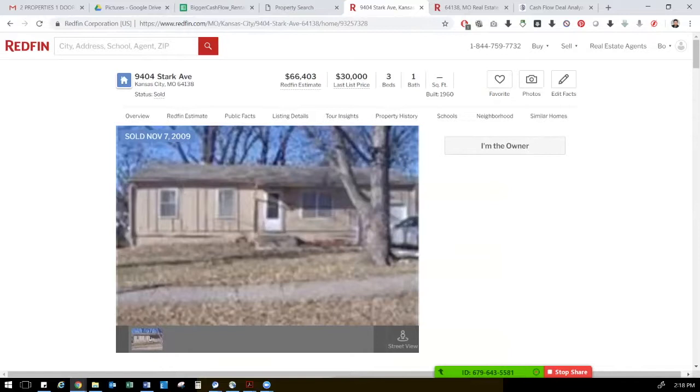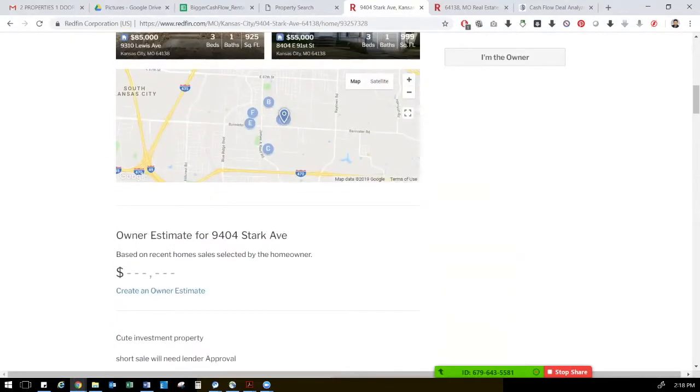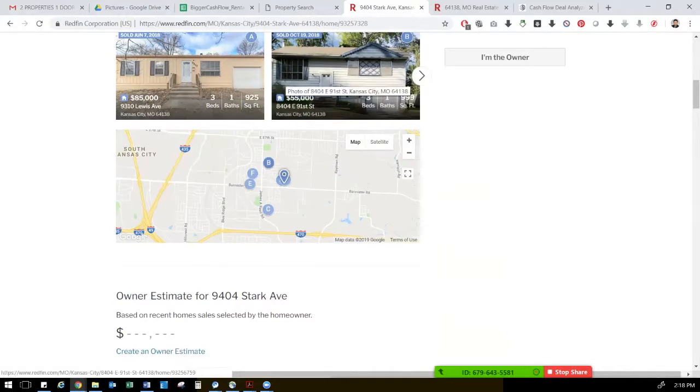So right off the bat, I noticed that it's a 3 bed and 1 bath, but it's being marketed as a 1.75 or 2 bath. So that tells me they must have done some work to install a shower or a bathtub, because it used to be just 3 and 1. Down here, you're going to see some sold comps nearby.